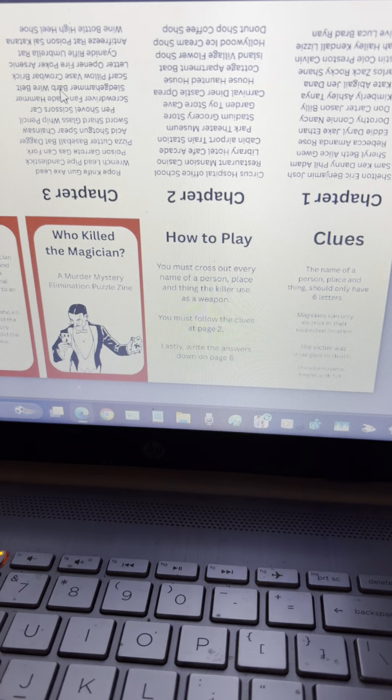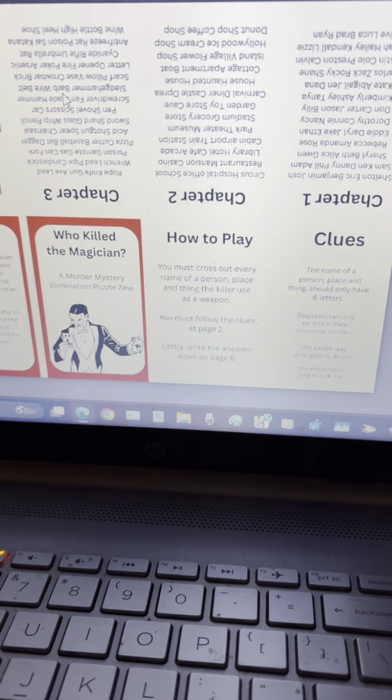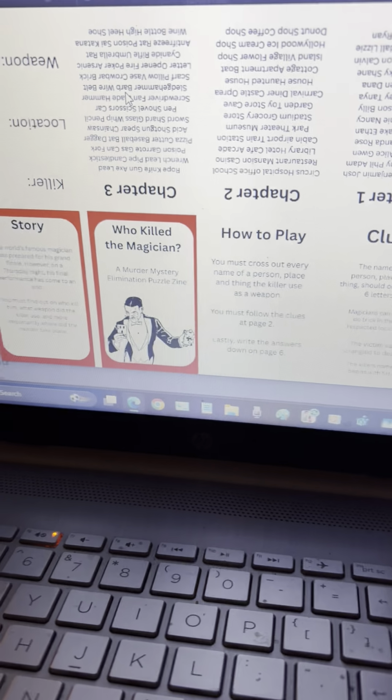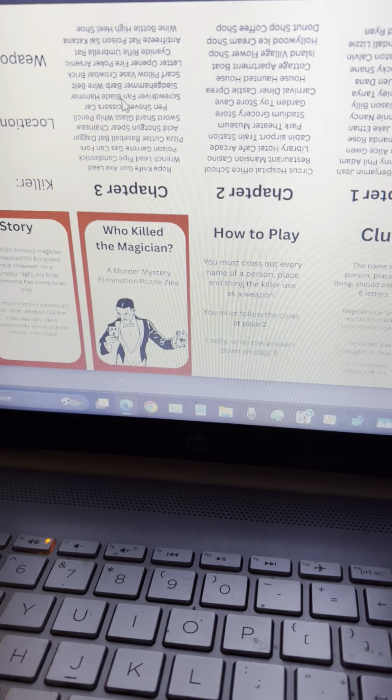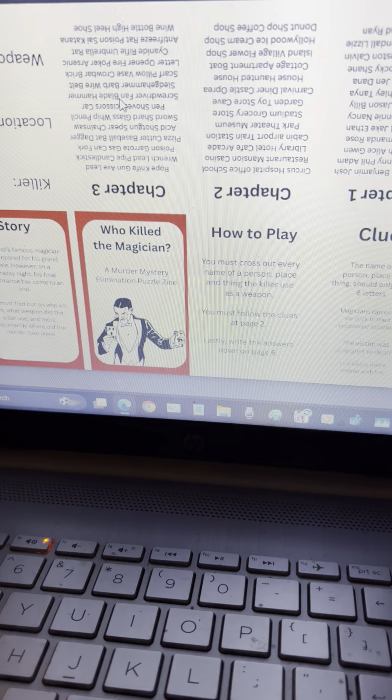Now, I didn't type much of the weapons because I have a hard time remembering what kind of weapon the killer used. But I did the best I could, and I also did research just to figure this out.